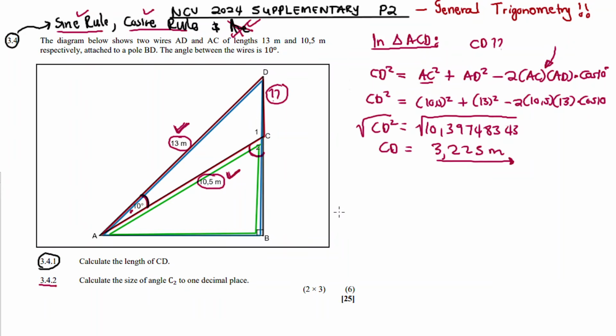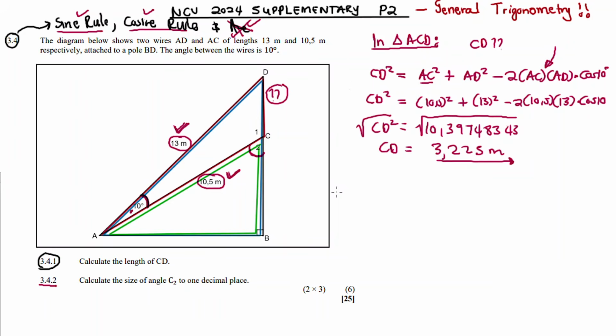Now C2 is one of the angles in the green triangle. And the green triangle happens to be a right angle triangle, right? Now, I'm only given one side.